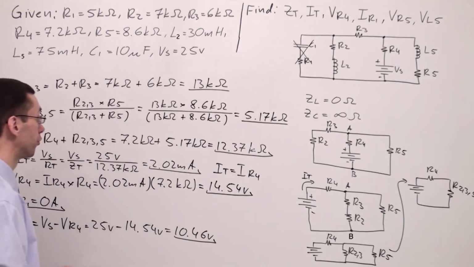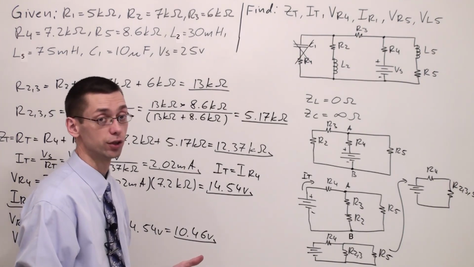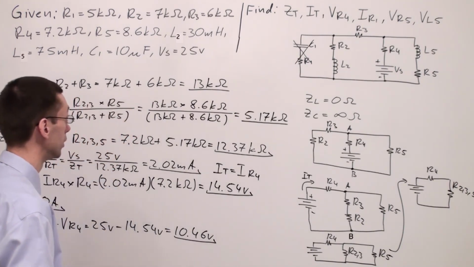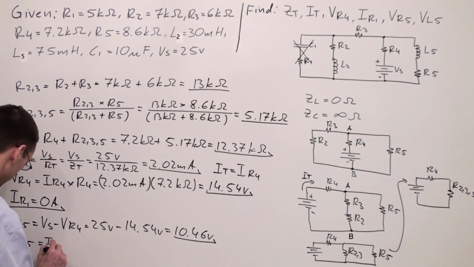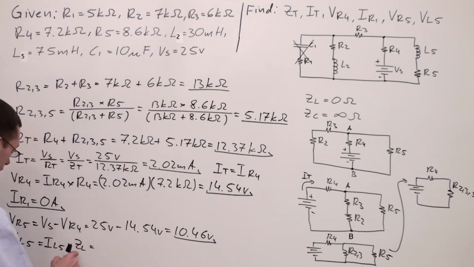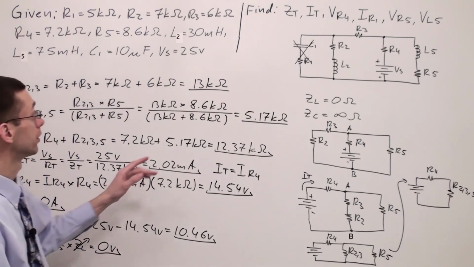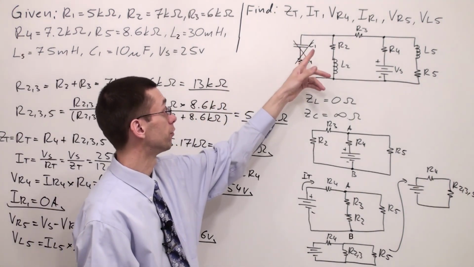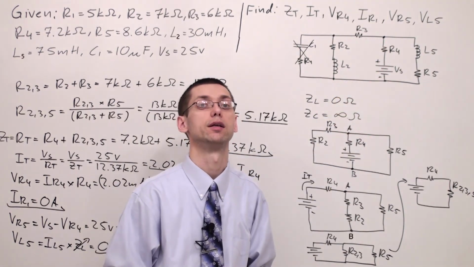So the formula for voltage is equal to current times impedance, so IL times the impedance. But we said that ZL is equal to 0. 0 times anything gives me 0 volts. Okay? So we found Z total, I total, VR4, IR1, VR5, VL, so we can say that the problem is solved.